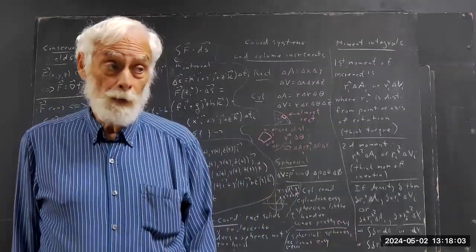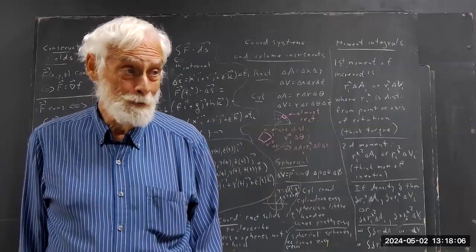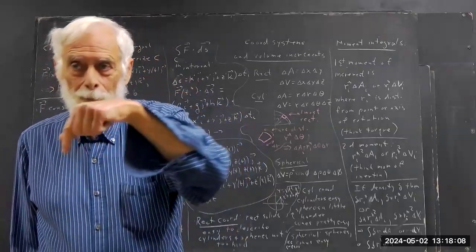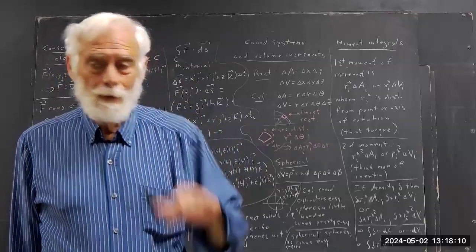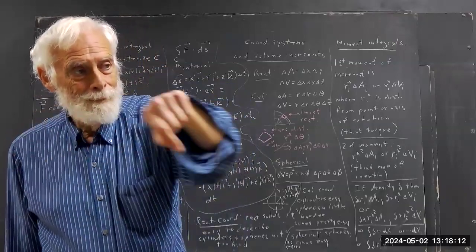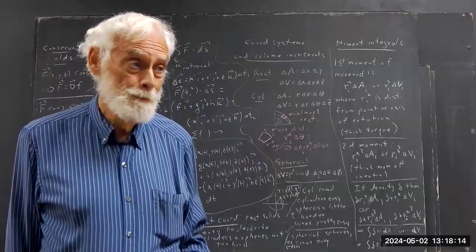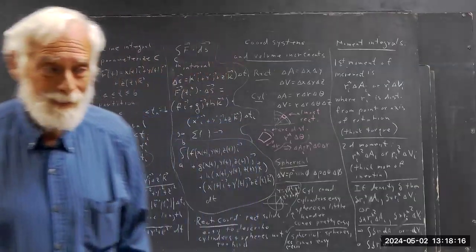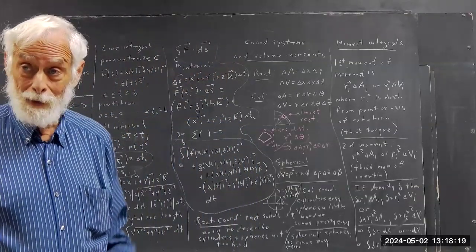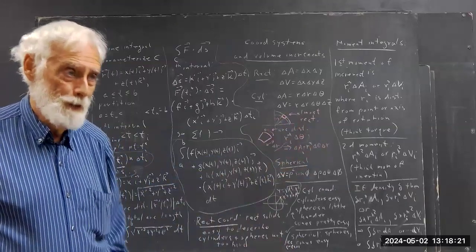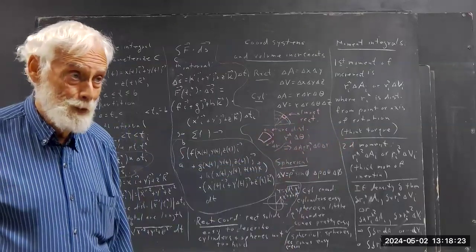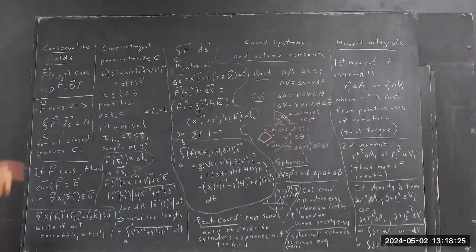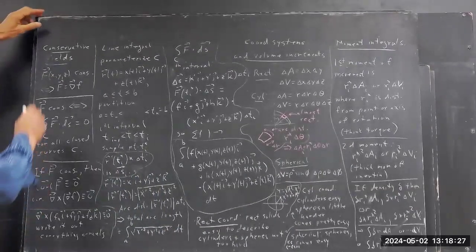You find any darn surface you want in the whole universe, as long as it's bounded by that circle, and you can integrate circulation around that circle. Okay, and that's kind of a generalization of how you do just basic line integrals. So there are a whole lot of concepts around this.